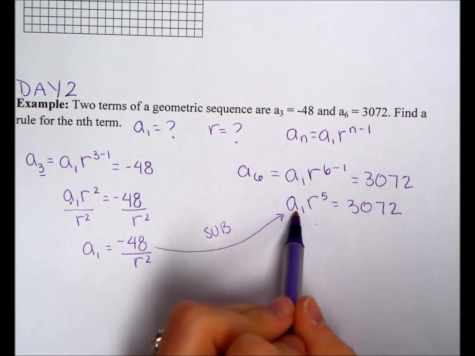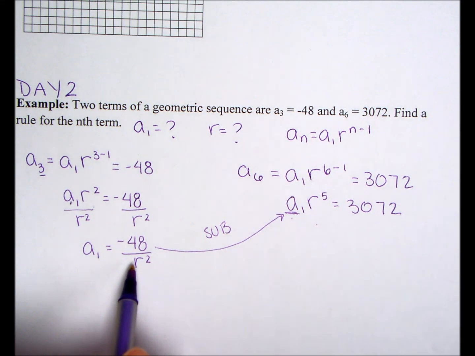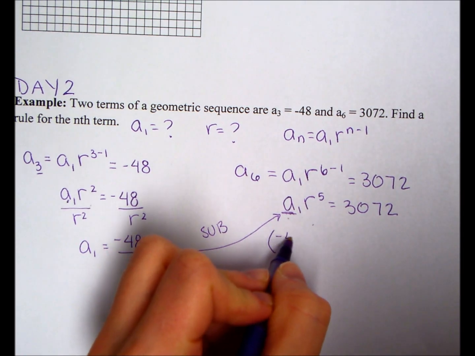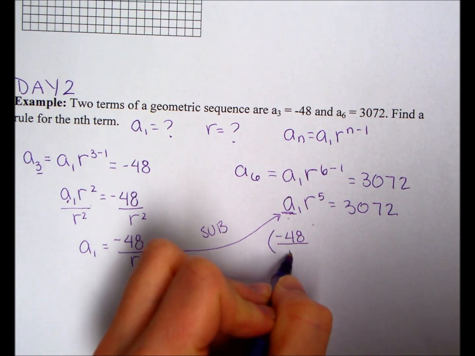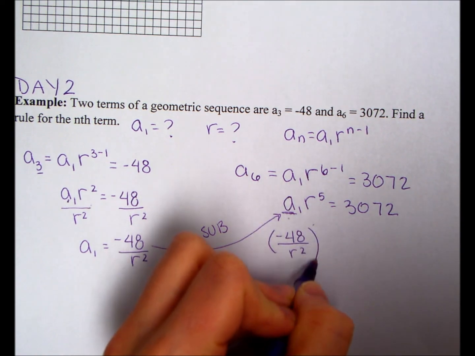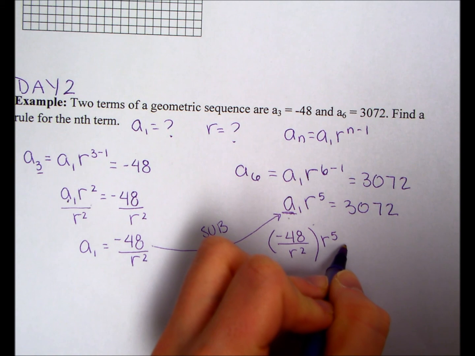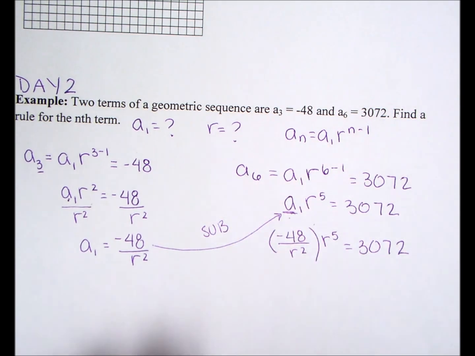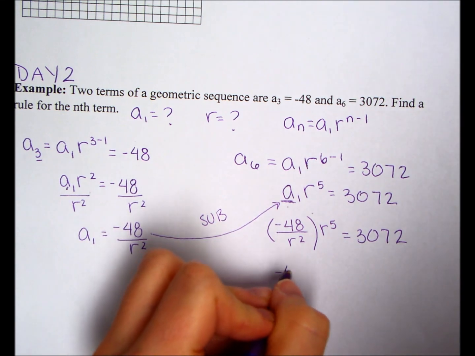So I can say, well, I know what a sub 1 equals. It equals negative 48 over r squared. That's my rule. So negative 48 over r squared is my a sub 1. Then I have r to the 5th, and that's equal to 3072. So I'm going to just clean this up here a little bit.